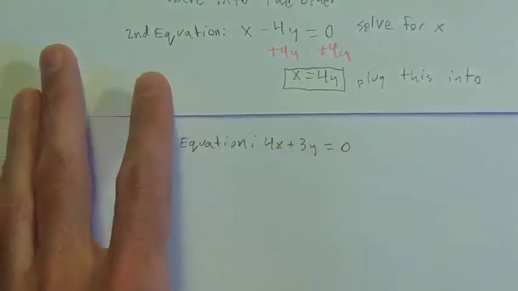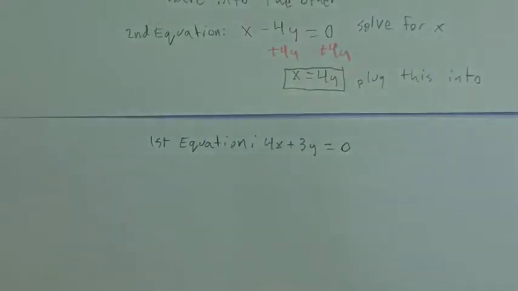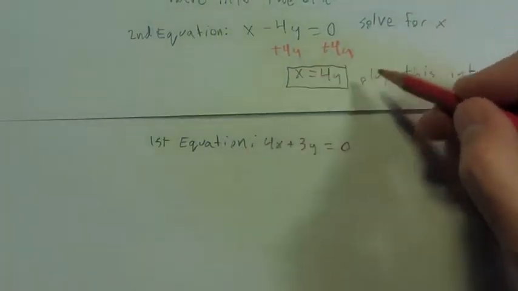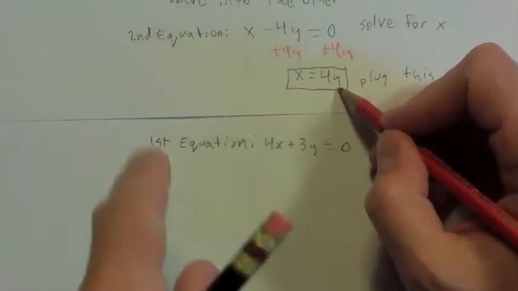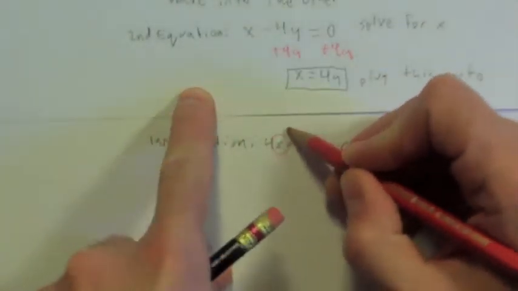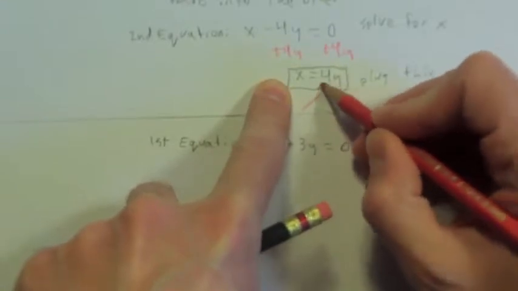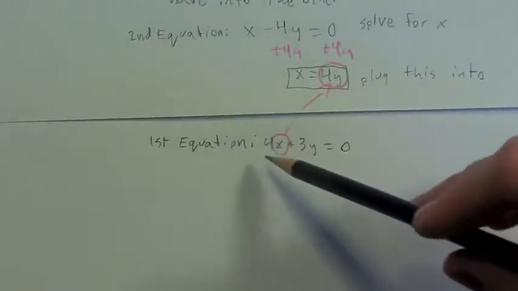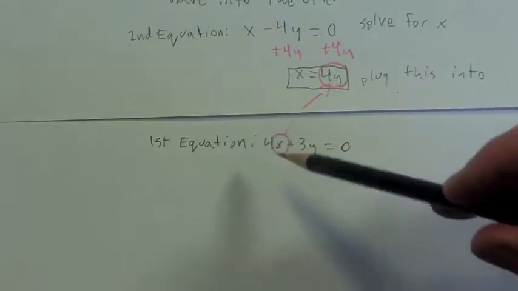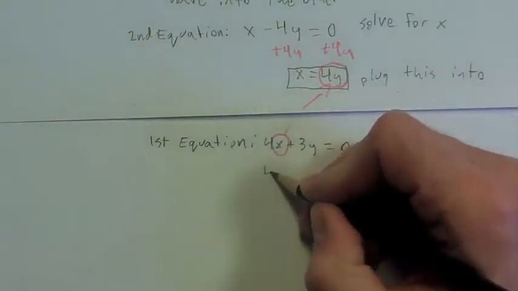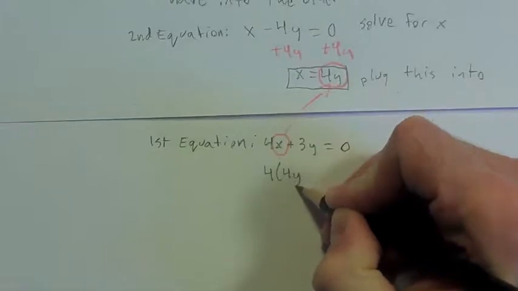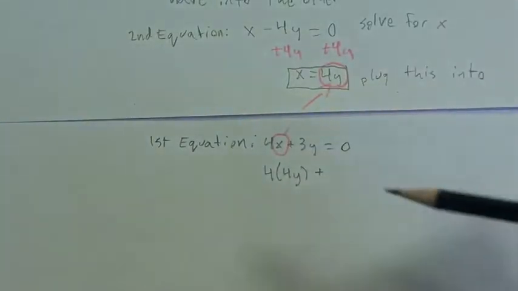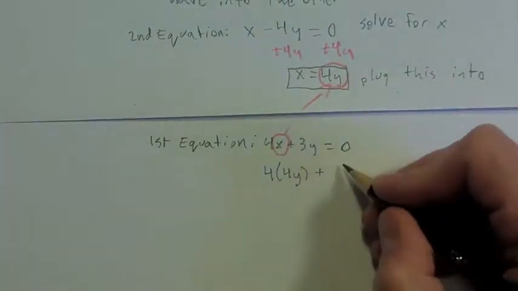And what I'm going to do is, if I have that x is equal to 4y, I'm going to replace x here with the 4y. Because then what happens is I get this entire equation in terms of just y.